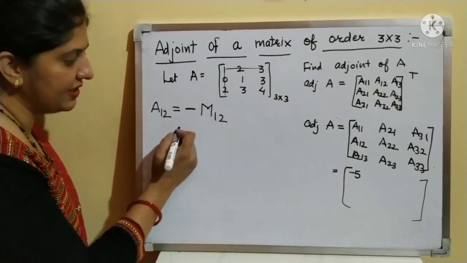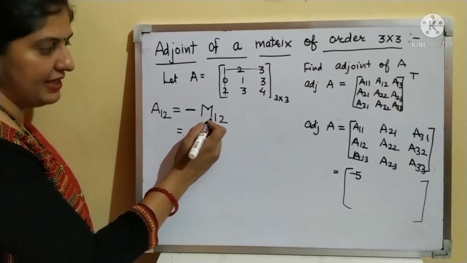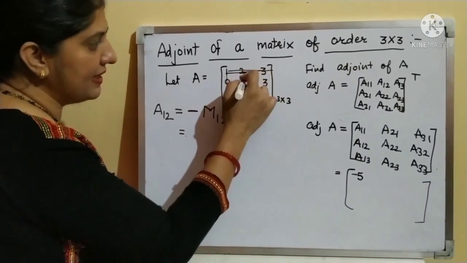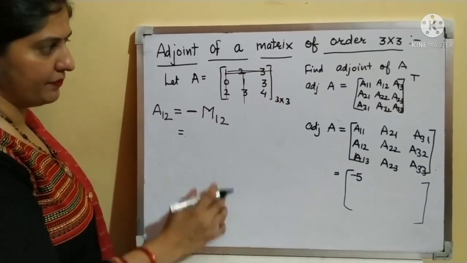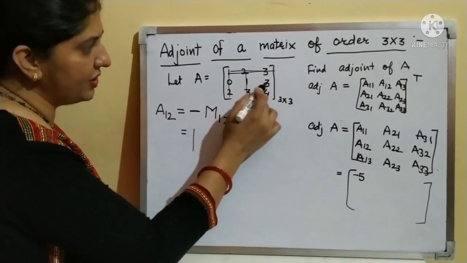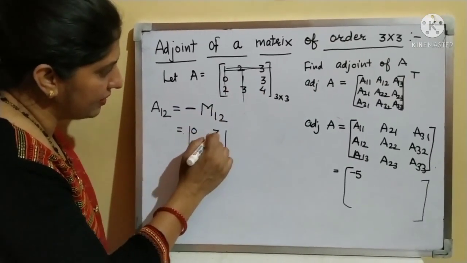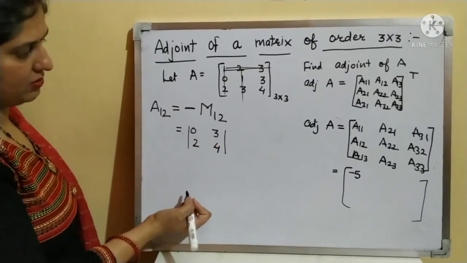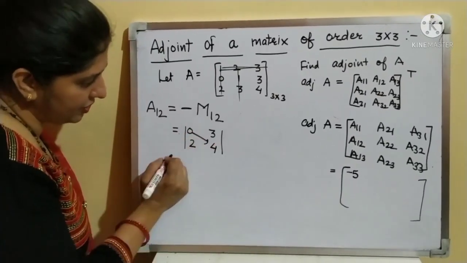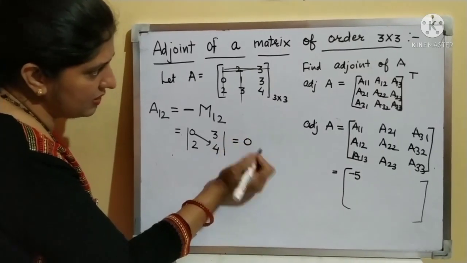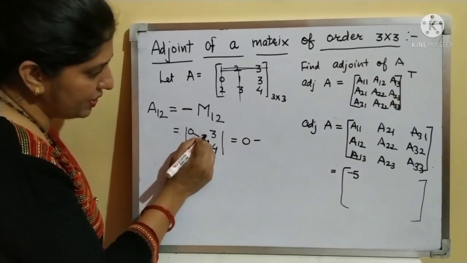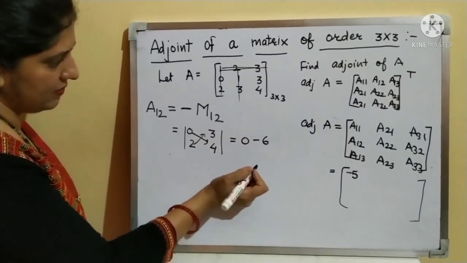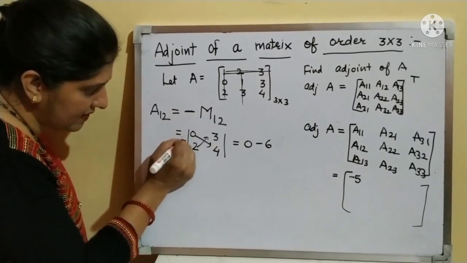Now just calculate the minor by deleting the first row and second column and take the determinant of the remaining entries. Just calculate the determinant: 0 into 4, 0, minus 2 into 3, 6. And remember, a negative sign here.